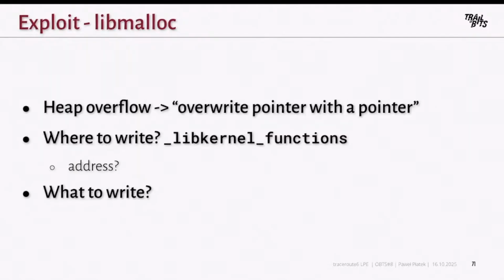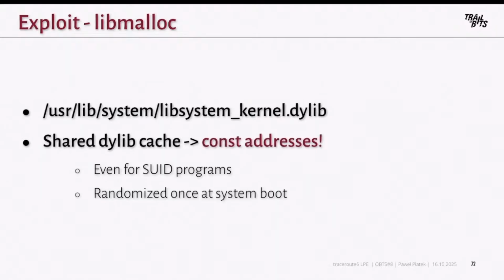Now we know what to overwrite: we can override the kernel functions pointer. The question is, what is the address? The kernel functions pointer lives in the libsystem kernel shared library. On Unix systems and old macOS systems, shared libraries were located in the file system and loaded into process memory at a random address whenever the process started.